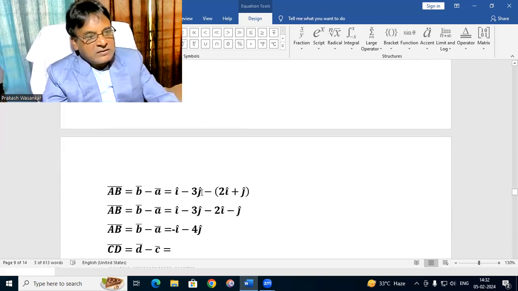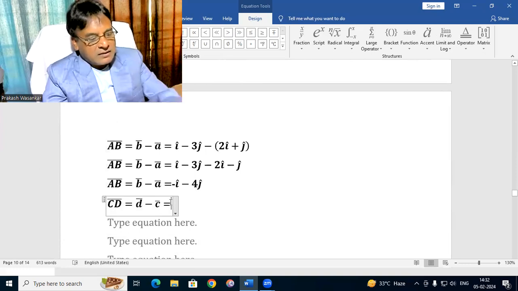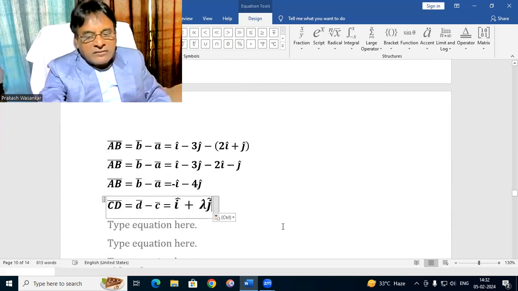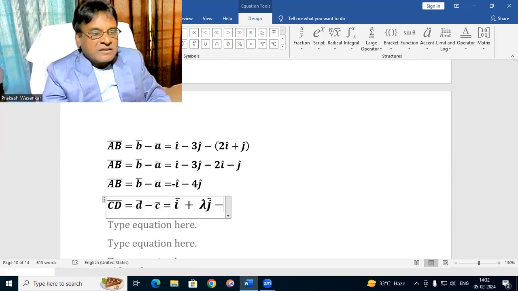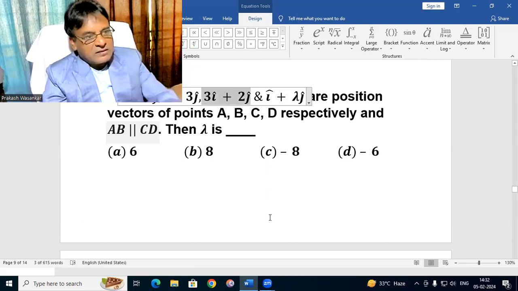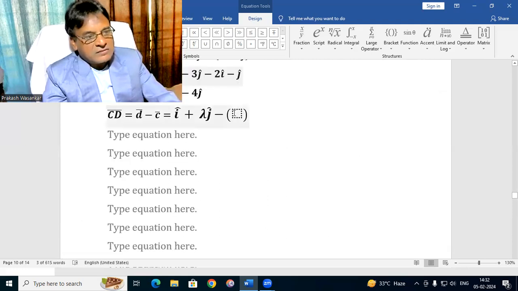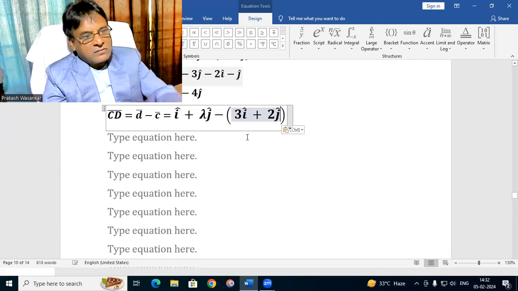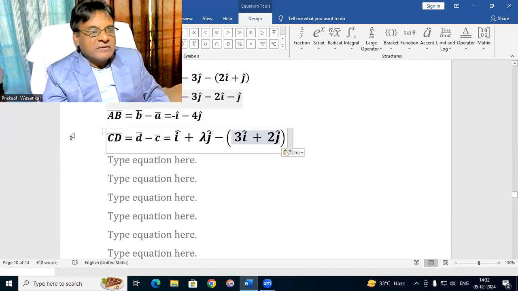So we write i plus lambda j, minus C bar, and C bar is given as 3i plus 2j. Then we solve this.